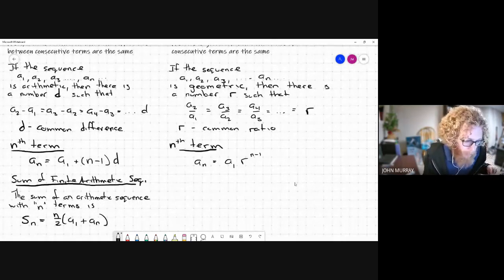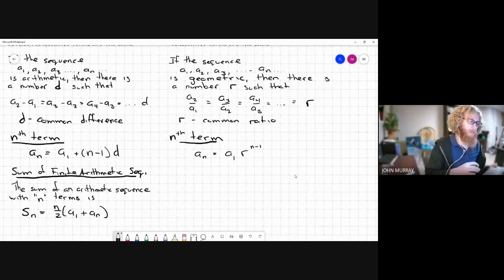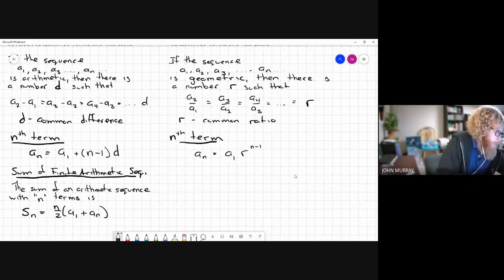And also, we can find the sum. But now, you get some interesting stuff.